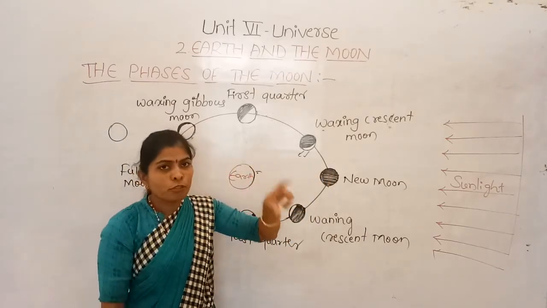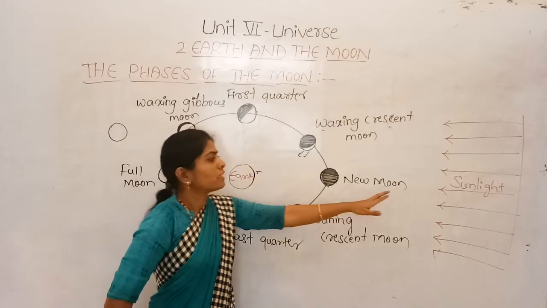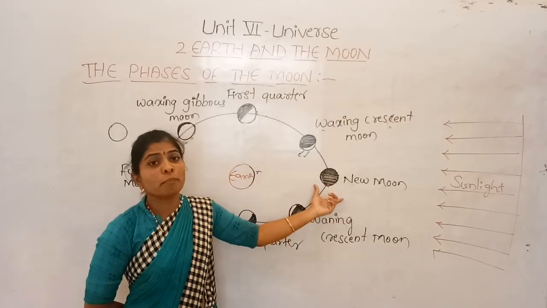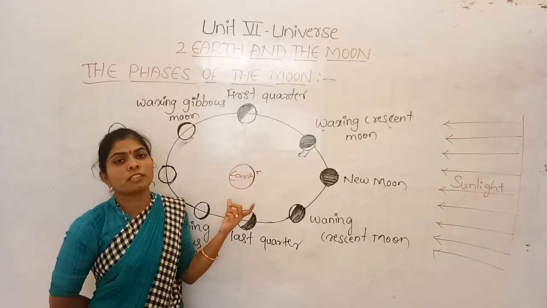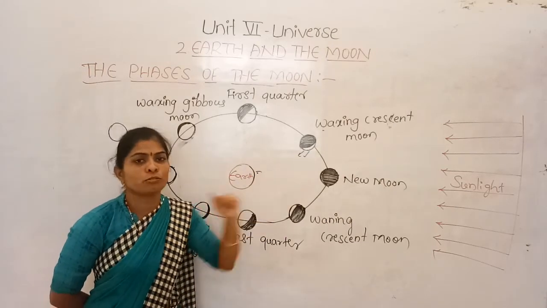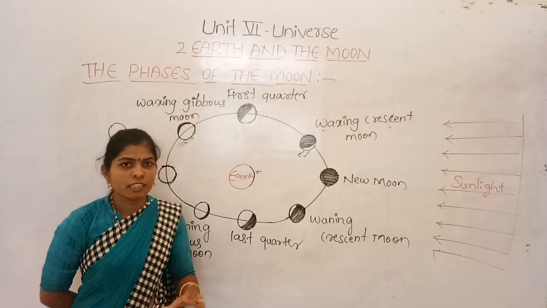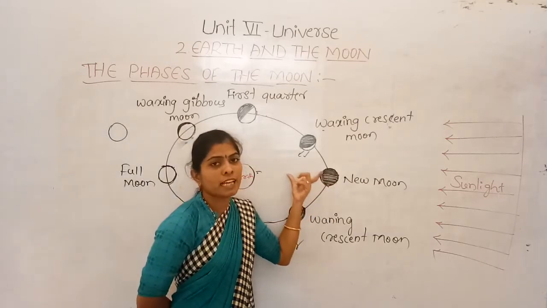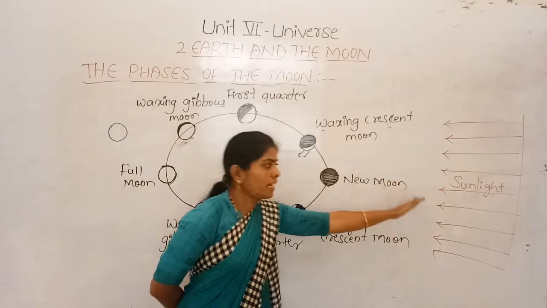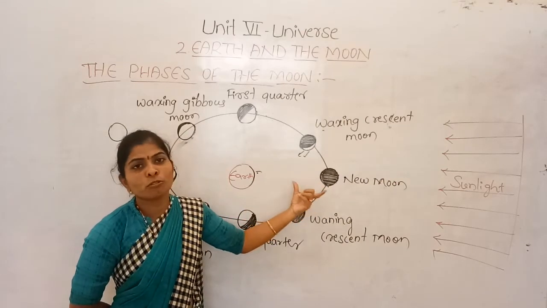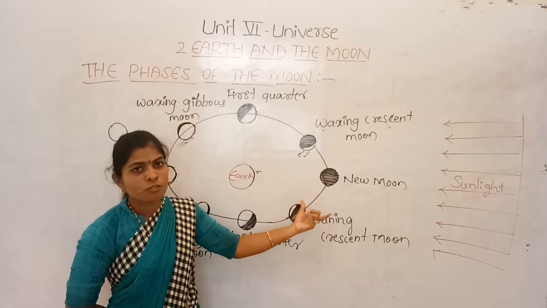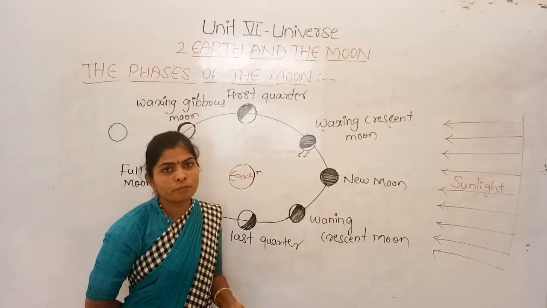The new moon occurs when the moon comes in between the sun and the earth. So the position of the earth, sun and moon matters. At that time we are not able to see the moon clearly in the sky, so that is called the new moon.